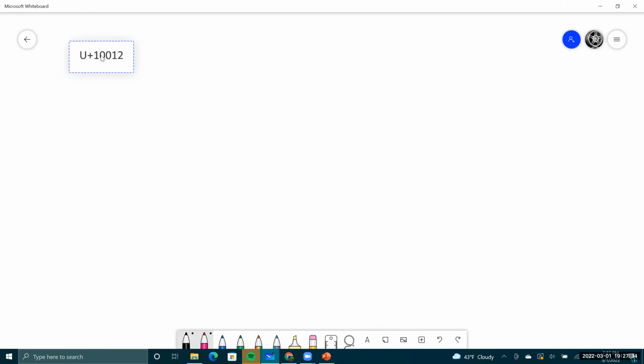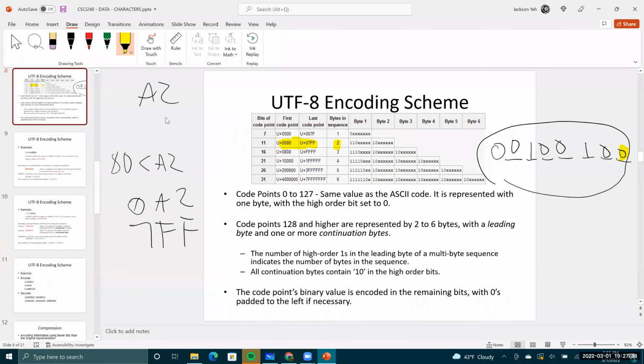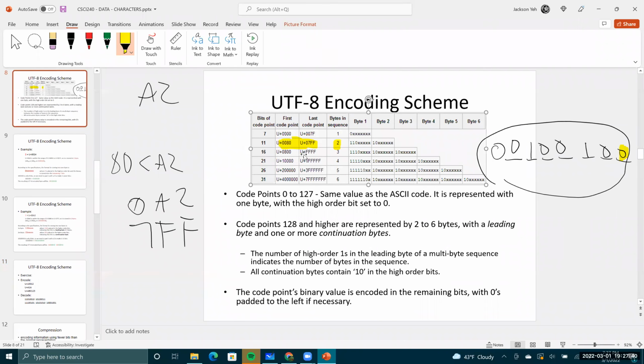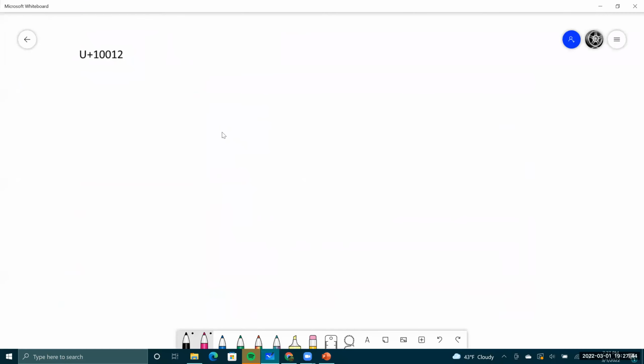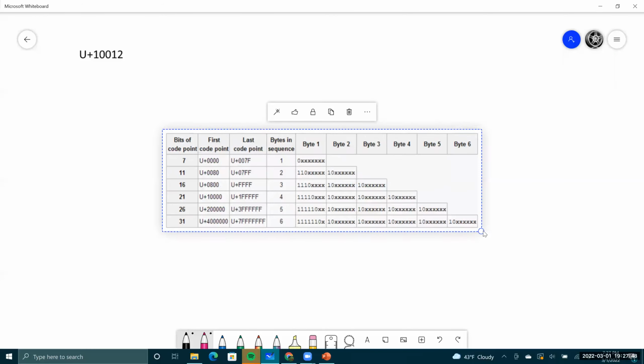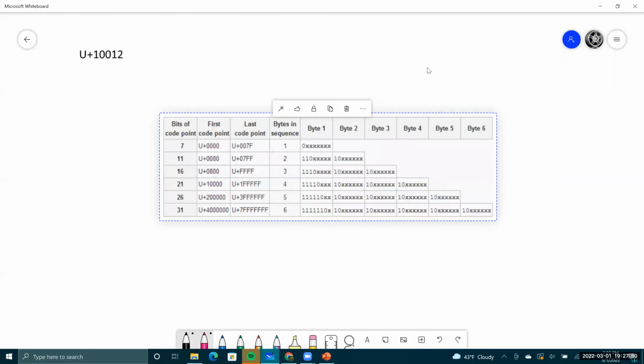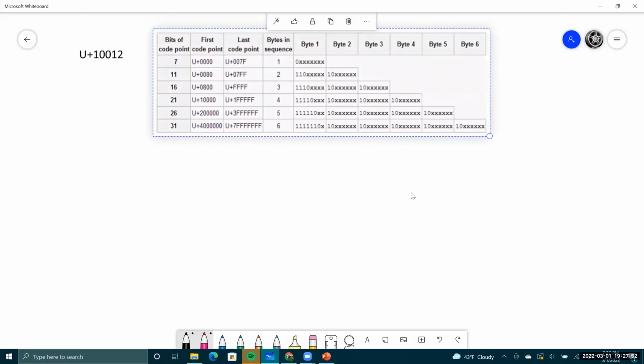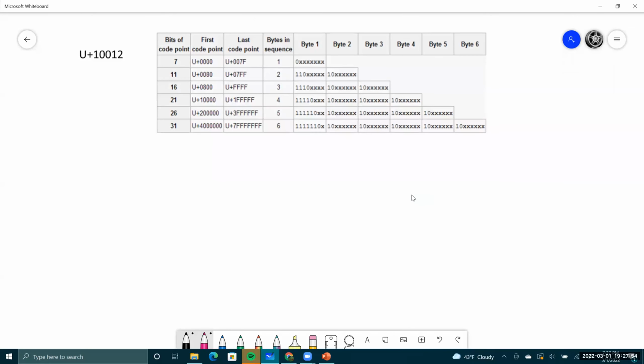And let me also copy the table here so you can reference it. All right, your first step is to determine how many bytes are going to be needed. And second, convert it into binary and then fill in the bytes. All right, I'll give you a few minutes to work on this.